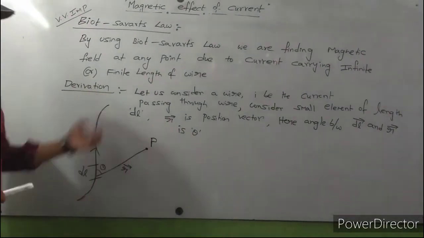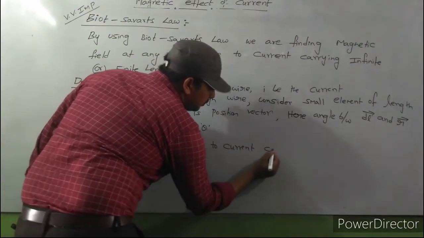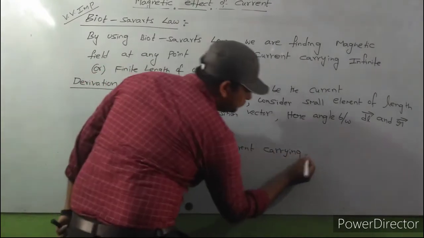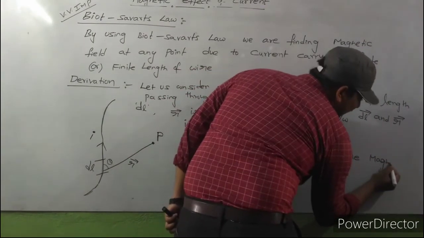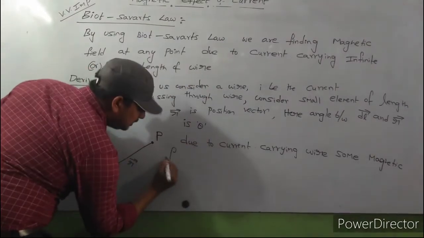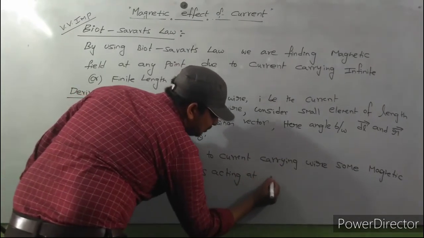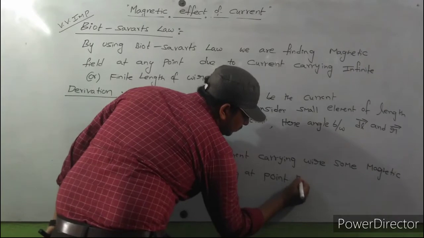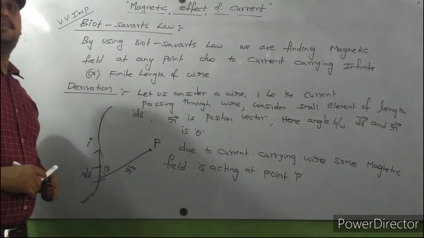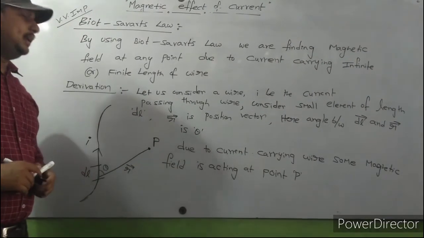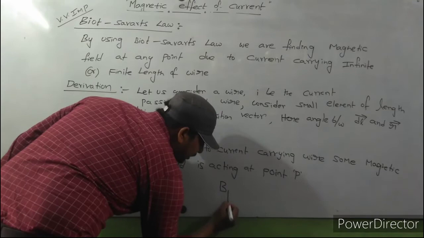Due to the current carrying wire, some magnetic field is acting at point P. How to find the magnetic field at point P?